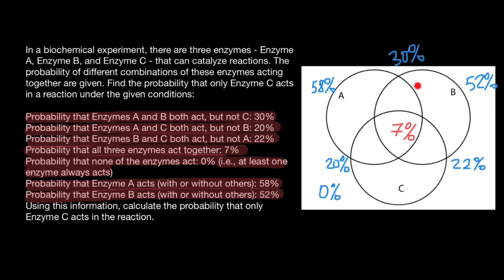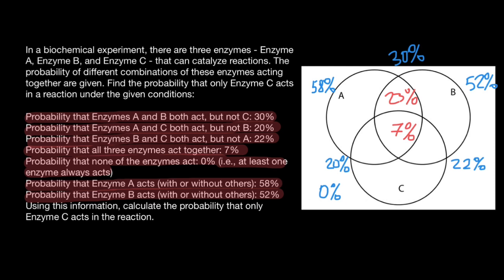If we know that this intersection of the circle A and B is 30%, and we know that this section is 7%, this gives us information that the second would be 23%. So 30% minus 7, and this would give us 23. Together they would make 30%.